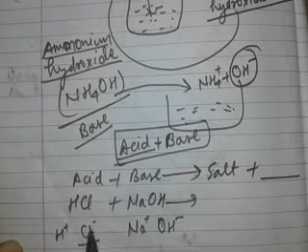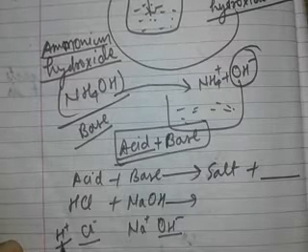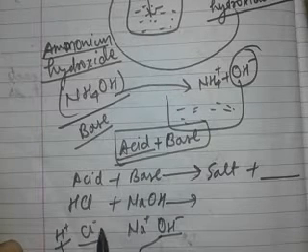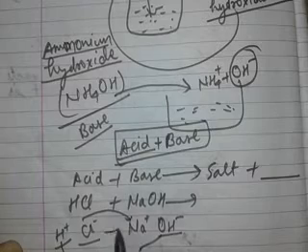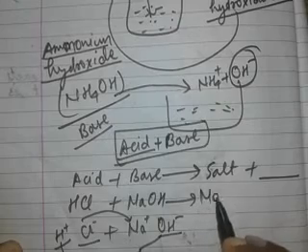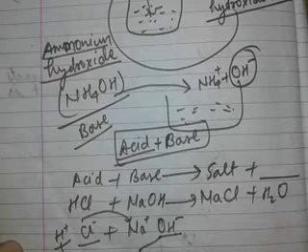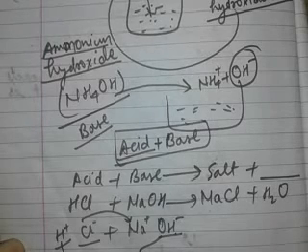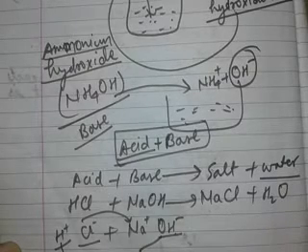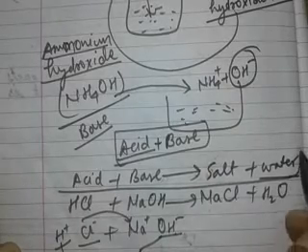This is an acid and this is a base. On reaction, positive ions combine with the negative ions, and negative ions combine with the positive ions. So NaCl is formed, and OH and H form water. So we can say that water is formed during the reaction of an acid and a base.